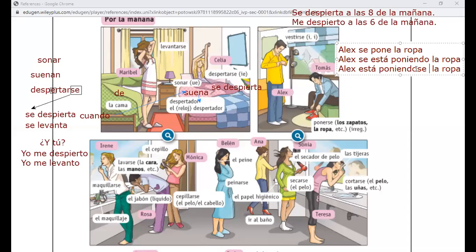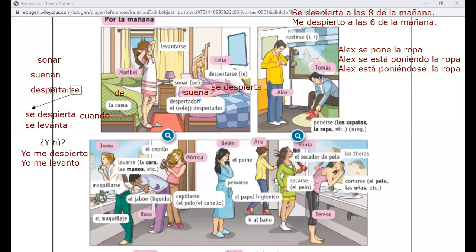Poniéndose la ropa. Present tense, present progressive. Any of those two is identically the same answer. The only difference here is that because we added a syllable, now we're going to have to add an accent. Poniéndose.